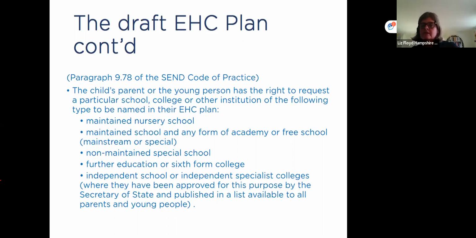So, for example, if you wanted a school in Surrey and you lived in Hampshire, you had an EHC plan, and this school happens to be closer, because that often happens, a Surrey school might be closer to you than the nearest maintained suitable Hampshire special school.